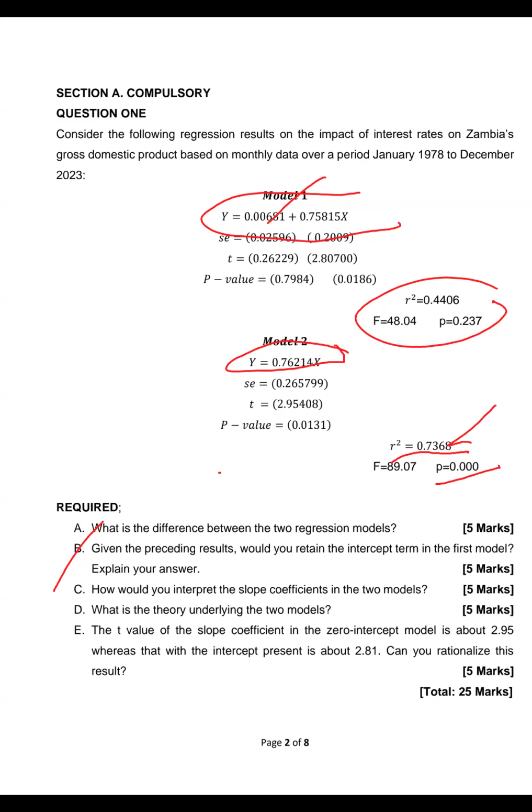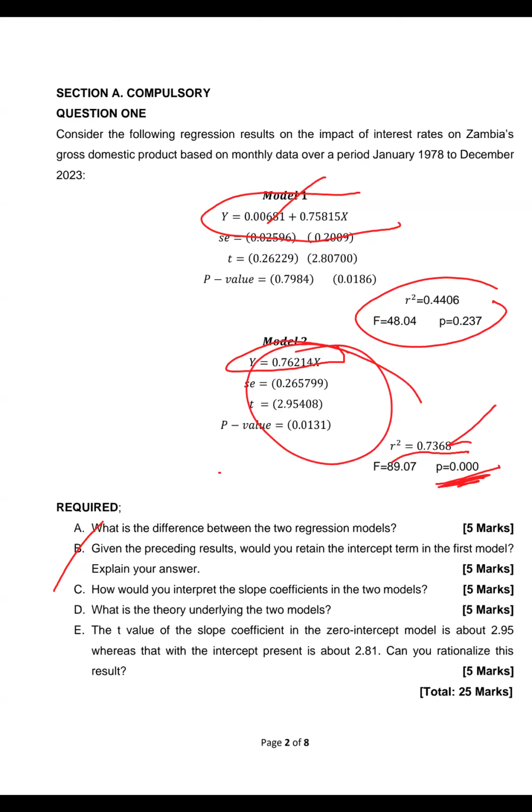So it improves in terms of the fitness and also in terms of its explanatory power and also in terms of specification. You get it? When you just drop the intercept. This is what has happened in the second model.